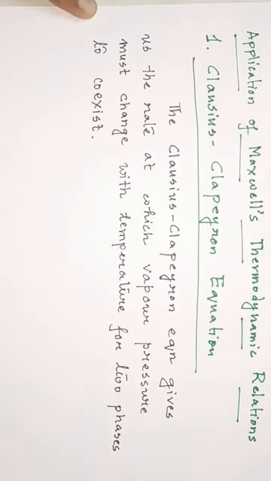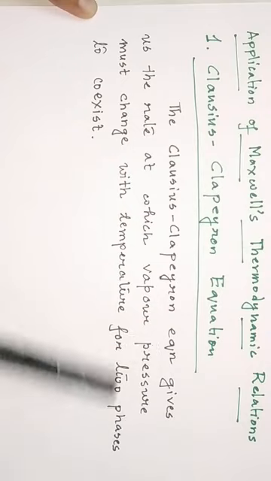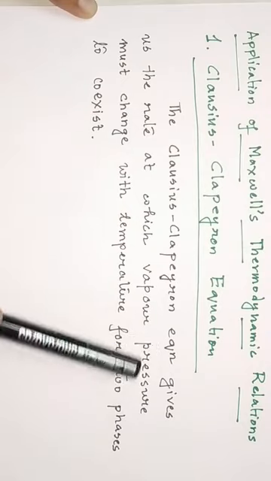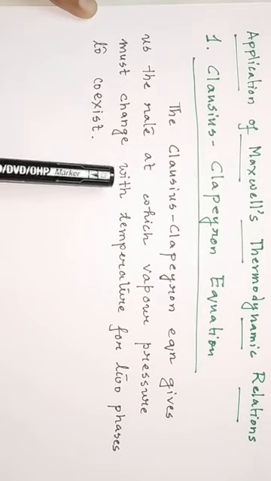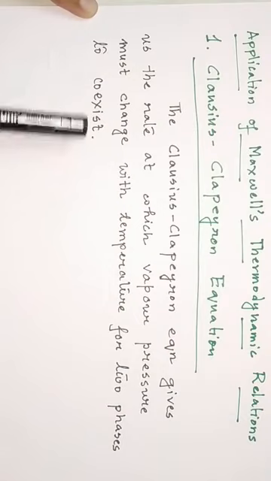So what is the Clausius-Clapeyron equation? It is the equation which gives us the rate at which vapor pressure must change with temperature so that two phases can coexist. Suppose we have two phases, one vapor phase and one liquid phase of some substance.